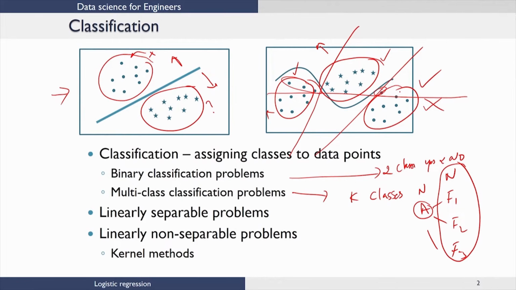So, you need to come up with not a hyperplane, but very simply in layman terms, curved surfaces. And here, for example, if you were able to generate a curve like this, then you could use that as the decision function, and say on one side of the curve I have data points belonging to class 2, and on the other side I have data points belonging to class 1.